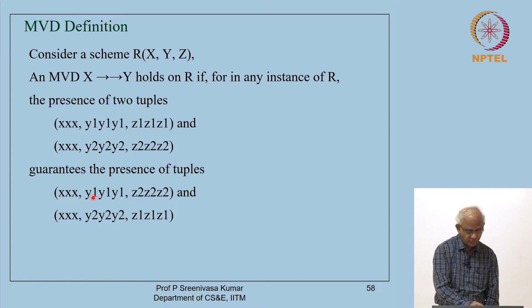How do you obtain these tuples? We basically swap the values of these two tuples: take out y1 and put it here, so you get x, y1, z2, and in a similar way, you take out y2 and put it here, and you get x, y2, z1. So, swap the two.